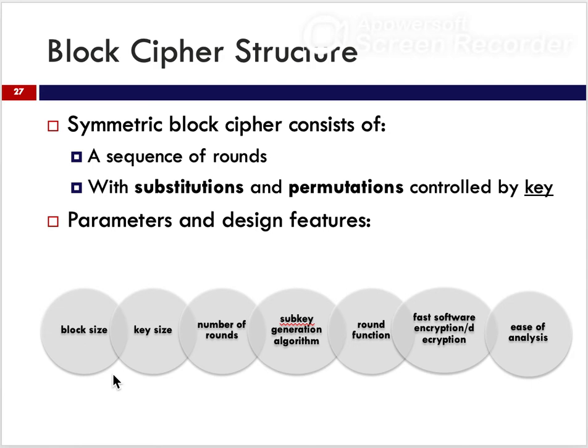And the last requirement or parameter that we consider during the design of a block cipher is ease of analysis. We want to keep our structure simple so that it is very easy to analyze this algorithm, so that if there is any weakness in it, it can be found easily.